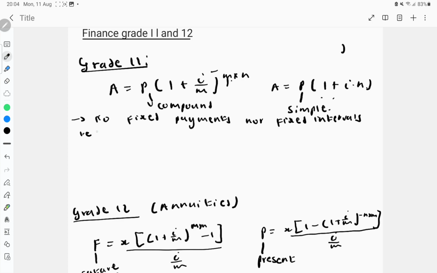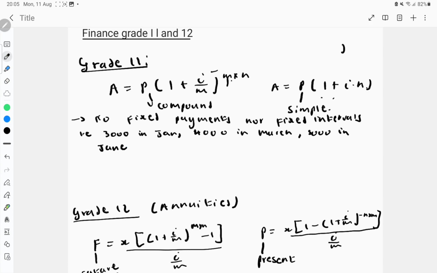So here they can say you save 3,000 into an account in January, and thereafter you pay 4,000 in March, and then thereafter you put in another 5,000 in June.